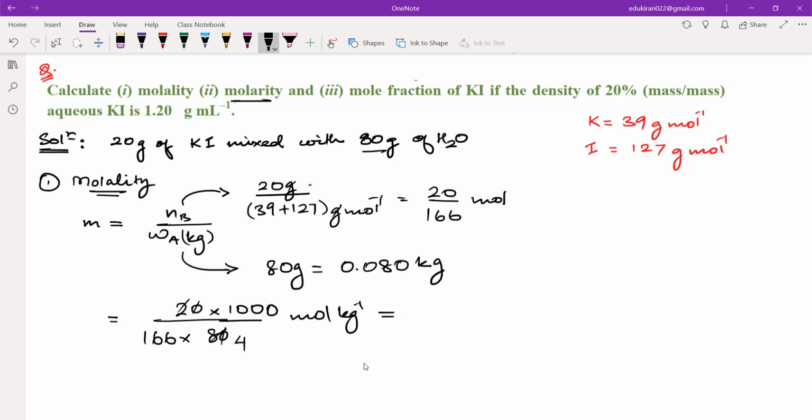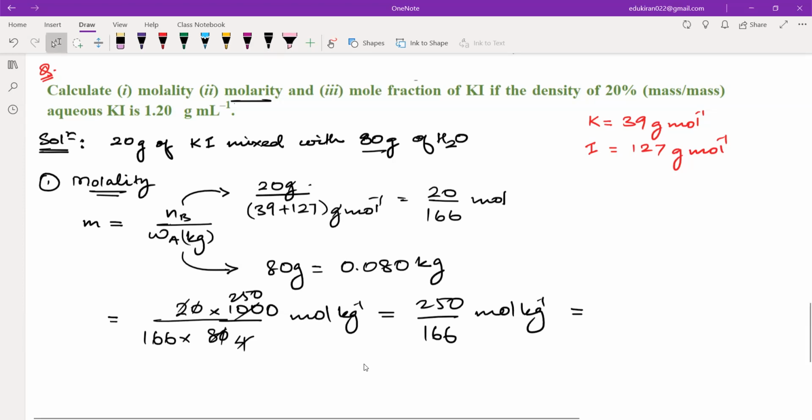Oh, sorry. This will be 8, not 80. This will be 8, right? I think there will be one 0 more here.